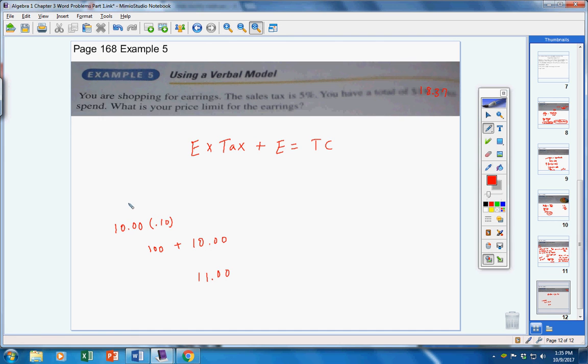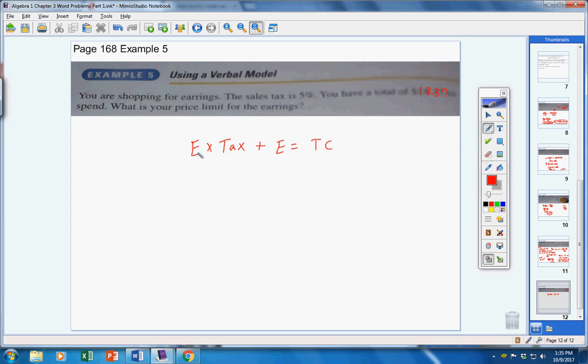So you take your cost of the earrings times the tax plus the cost of the earrings, and that will give you your total cost. Price of the earrings times the tax plus the price of the earrings gives you your total cost. So here we go.